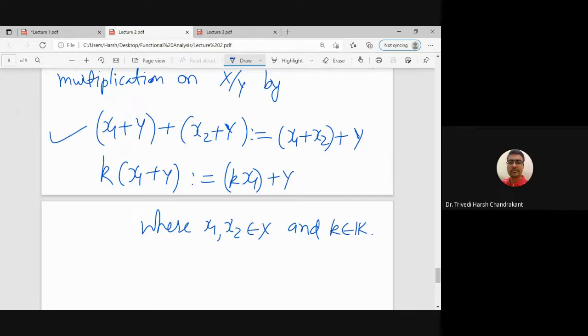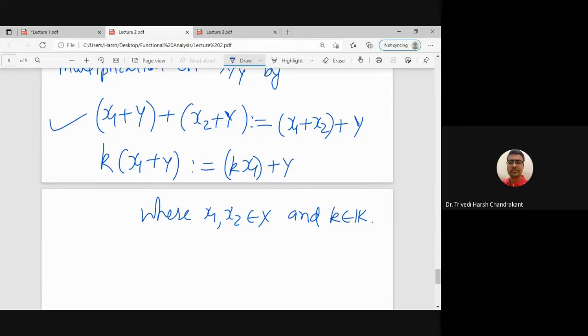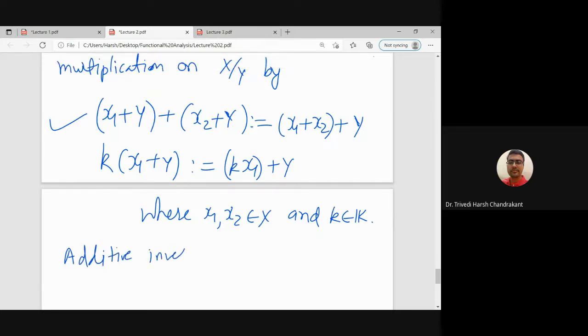So you can easily check that this satisfies all the properties of a vector space. So for example, what will be the inverse element? Additive inverse. So first of all, the zero element.